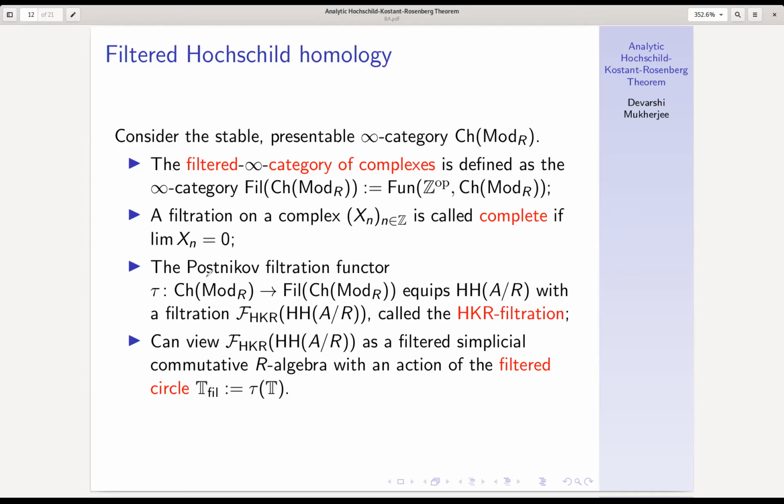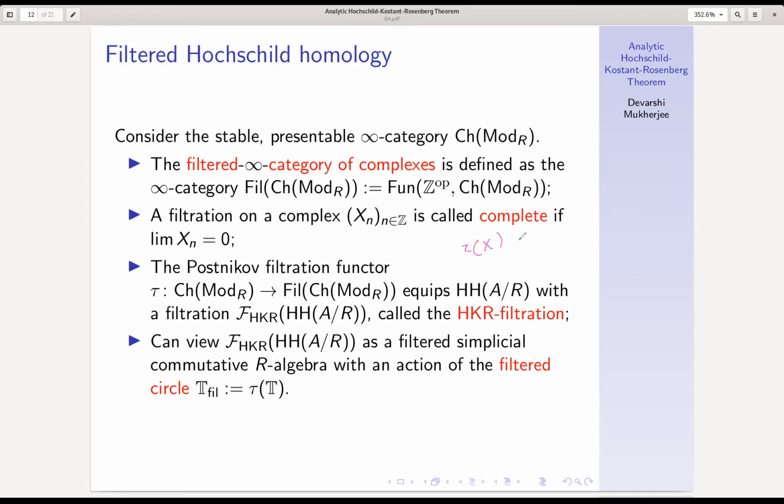Given a chain complex such as Hochschild homology, you can always define a canonical filtration. It's called the Postnikov filtration. This takes you from a chain complex to a filtered chain complex. I could write down what this Postnikov filtration is, in case you want to know.